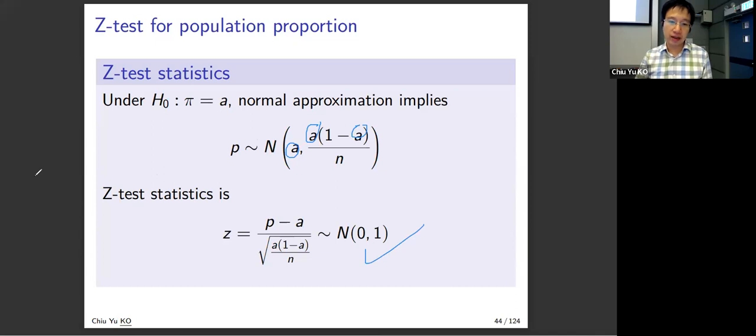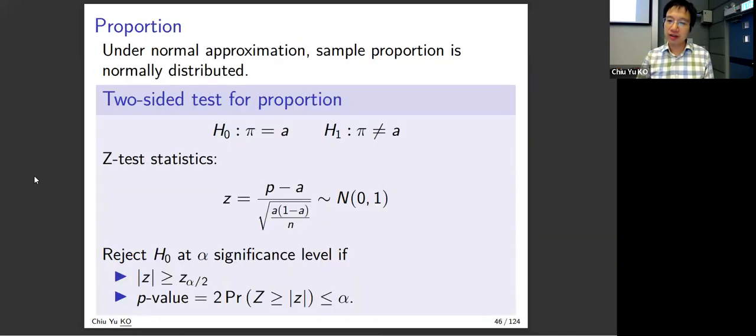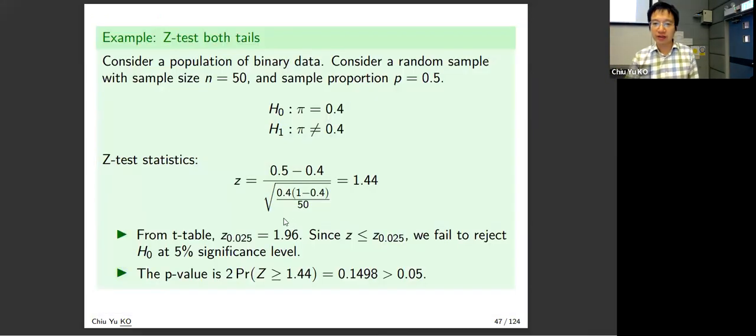Let's go directly. Very boring, unfortunately. I won't bother you with the one-sided test. I just do two-sided, but one-sided would be the same. So I just keep this example only. Suppose you have binary data, with sample size of 50 and sample proportion of 0.5. The hypothesis is that the percentage of males in CUHK undergrad is 40%.